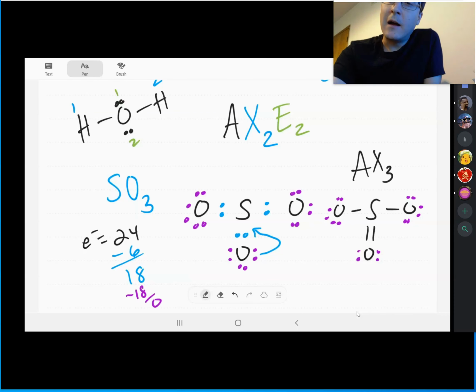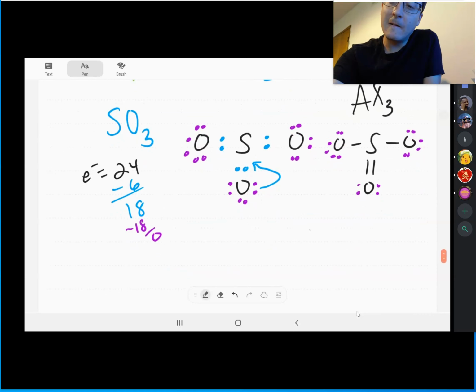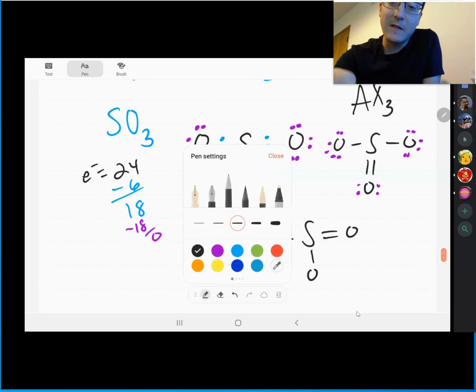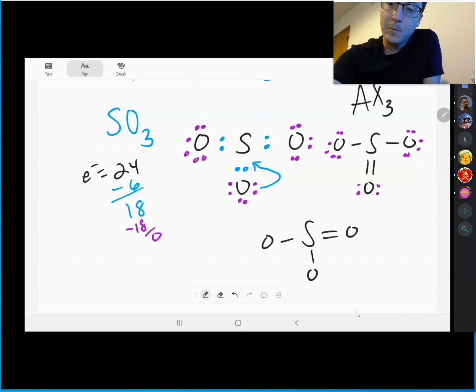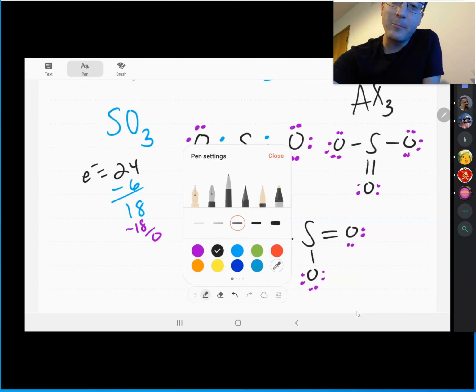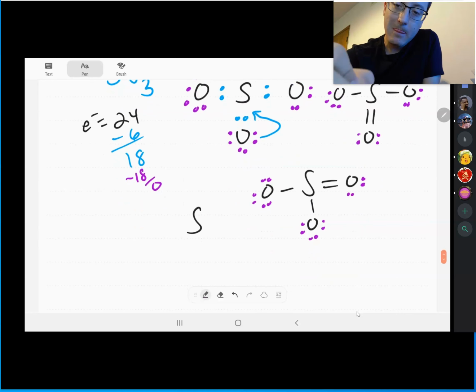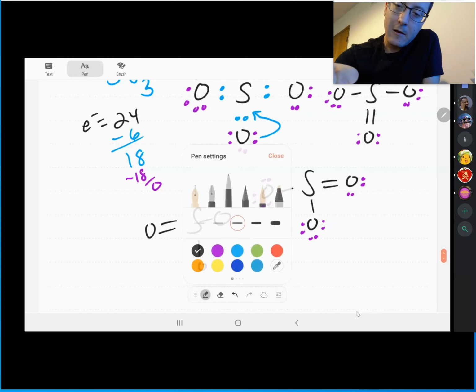Alrighty. However, we could have taken that pair of electrons from the right oxygen also. We could have done that. Now I get to draw 1,000 lone pairs. Or we could have done it from the left. Does not matter.